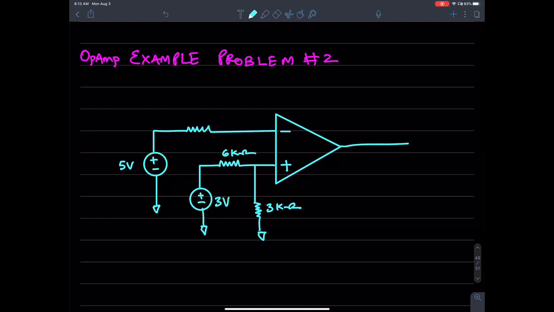Okay, here is the output. The output is tied to a 4 kilo ohm resistance. This voltage is V out. There's a feedback that goes like so.